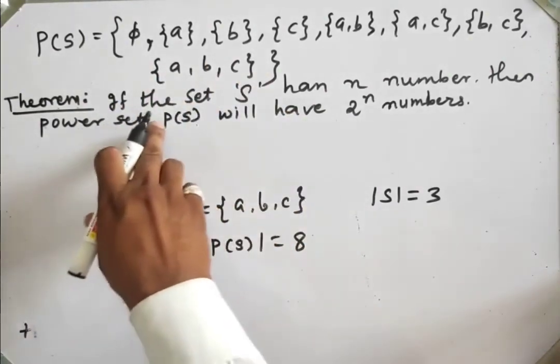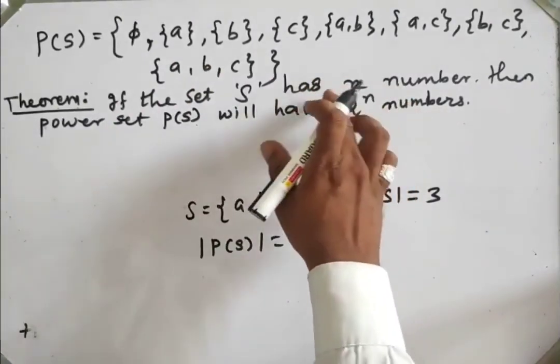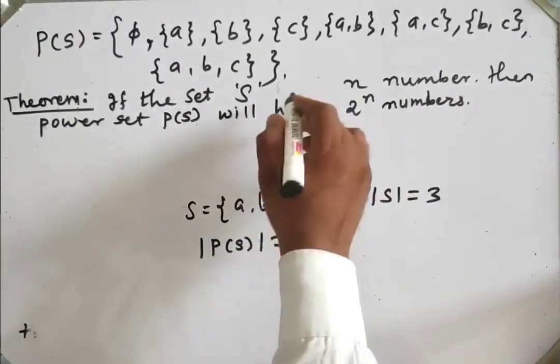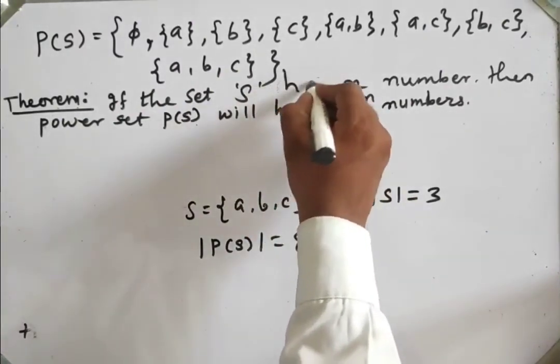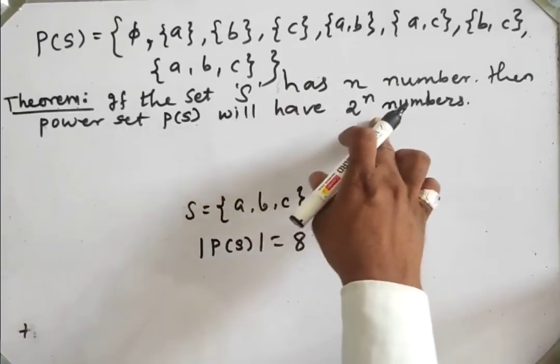So what is given here? If the set S has n elements, then the power set P of S will have 2 raised to n elements.